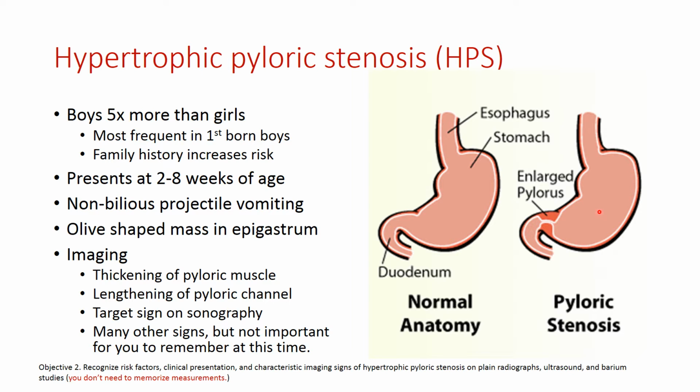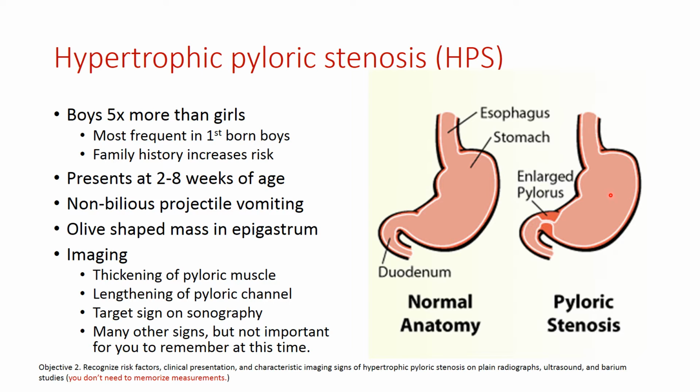Linda Blair in The Exorcist has nothing on some of these babies, except that this is non-bilious vomiting because the bile duct enters the duodenum distal to the pylorus, so we don't have the biliary juices that reflux back into the stomach. So what tends to happen is the patient drinks the formula or drinks the milk, and it sits here in this acidic environment of the stomach, and it just curdles. And then the patient vomits this curdled milk.